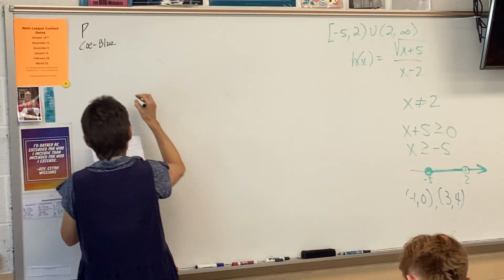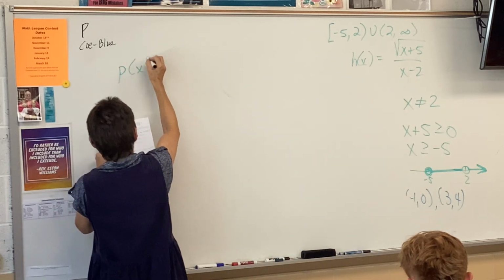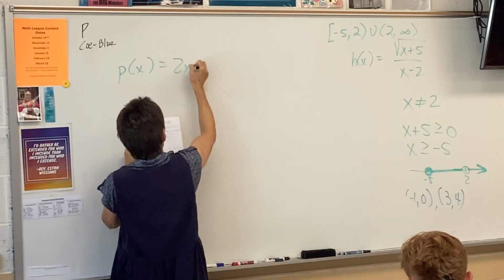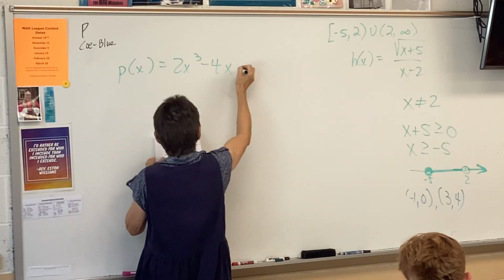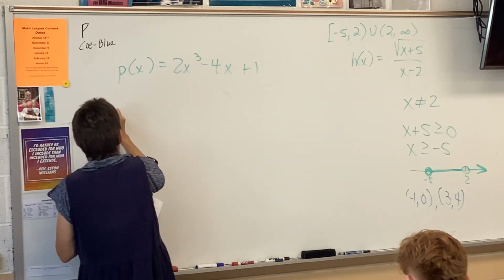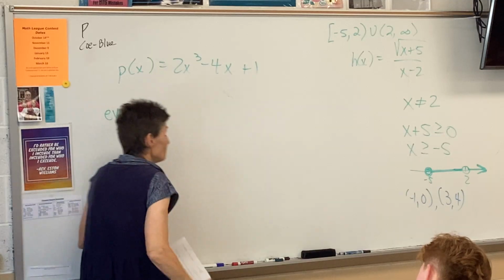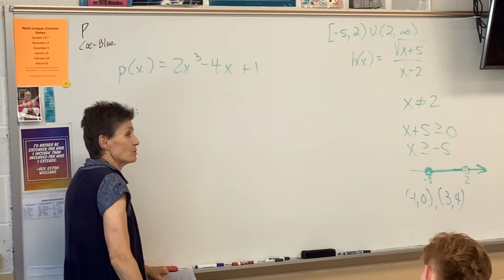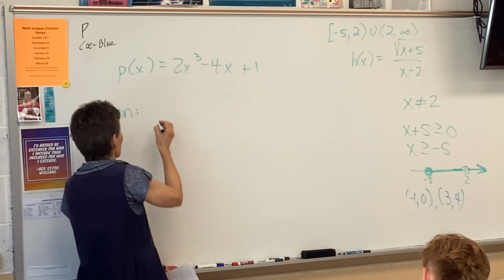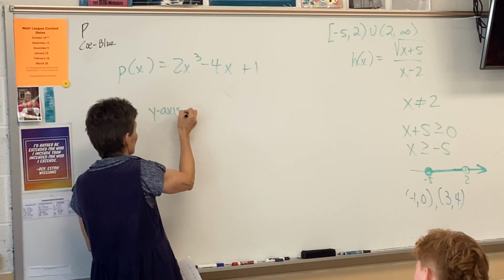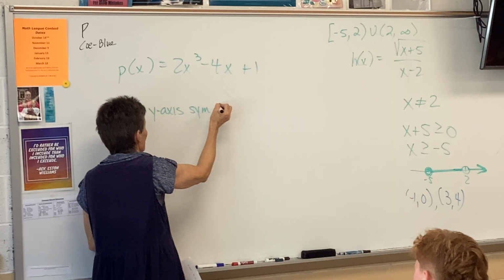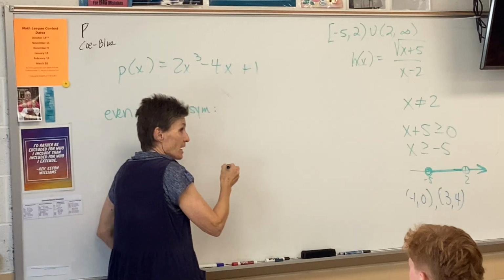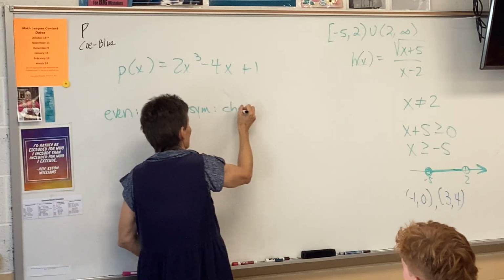All right, even, odd, or neither, show your work. Okay, so even means we have symmetry to the y-axis, which means we change the sign on x.